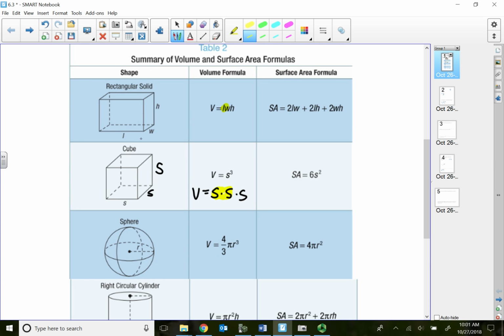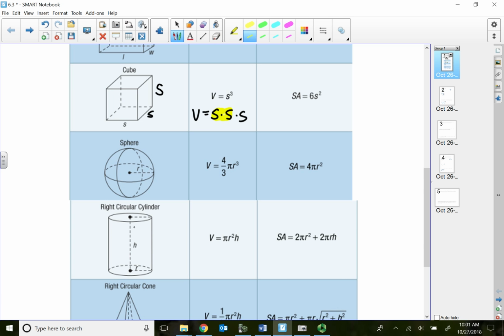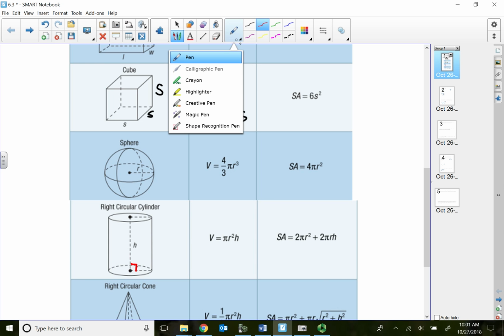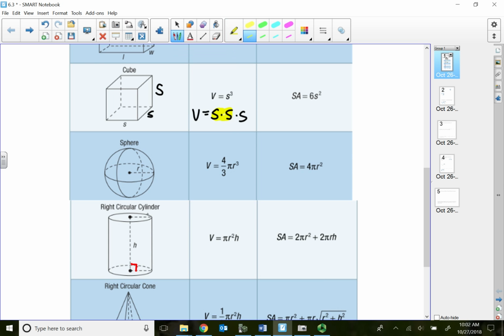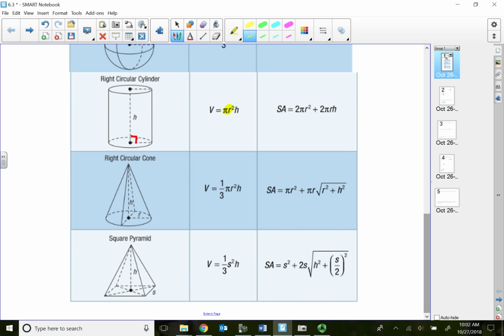Normally a cube, geometric solid, or cylinder only has two bases, one on top and one on the bottom. This is called a circular cylinder because I'm using a circle for the base. The word right refers to the height and the base being perpendicular. So the volume of a circular cylinder is the area of the base, which is pi r squared, times the height.